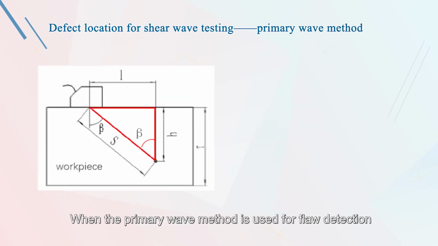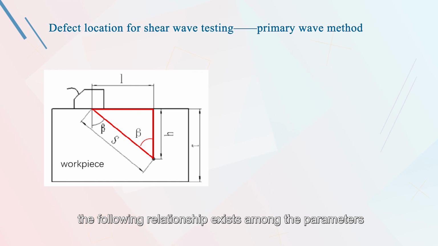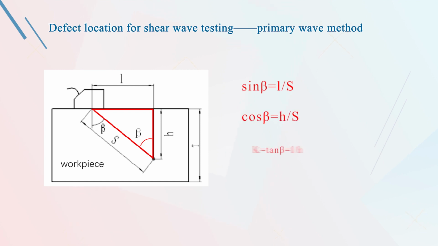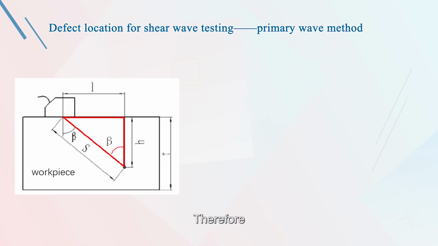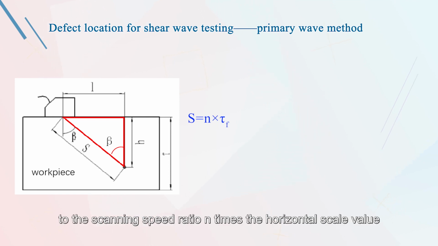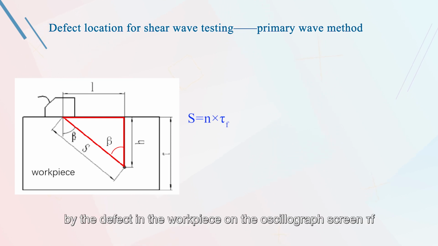When the primary wave method is used for flaw detection, the following relationship exists among the parameters in the red triangle in the figure, as we can see here, the formula. Therefore, the actual ultrasonic sound path is equal to the scanning speed ratio times the horizontal scale value of the reflected echo generated by the defect in the workpiece on the oscillograph screen, as we can see here.